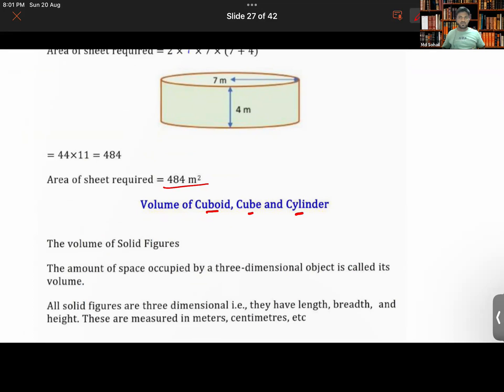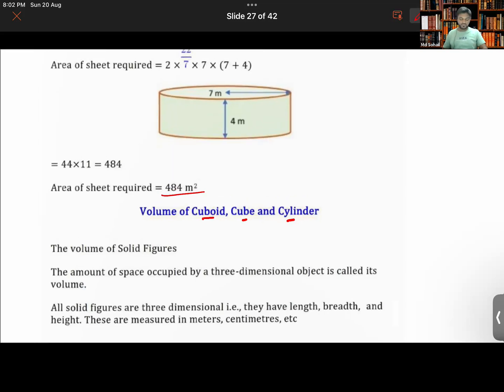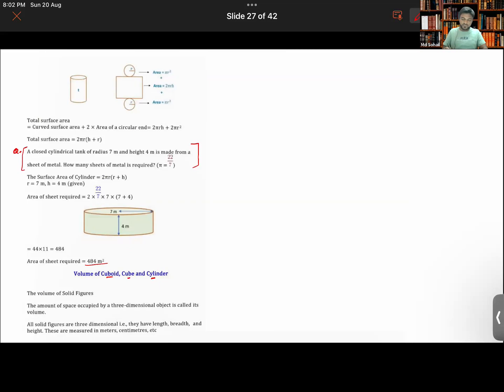If there are, we will discuss them as well, because I didn't get the latest PDF of the chapter. No, sir. Only these three.